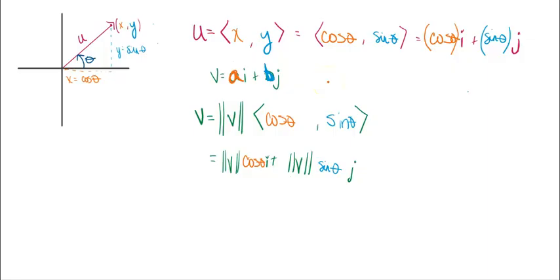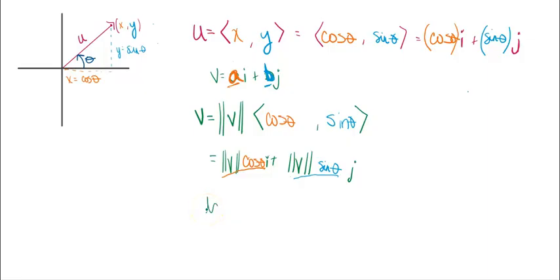Now I want you to notice that a basically is equivalent to the magnitude of v cosine theta. And b, right here, is equivalent to the magnitude of vector v times sine theta. So I could substitute those in for each other in either direction. a is magnitude of v cosine theta, magnitude of v cosine theta is a, and the same thing for b and sine theta.